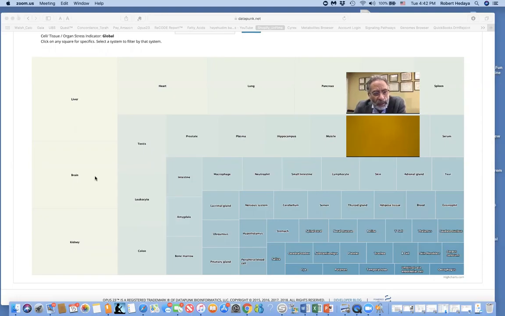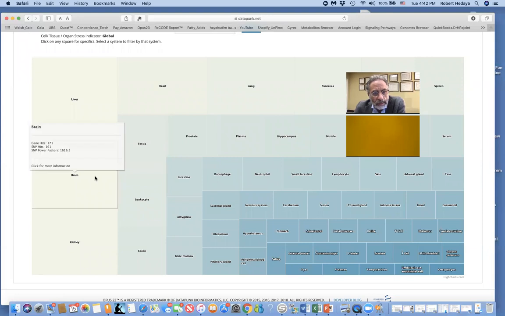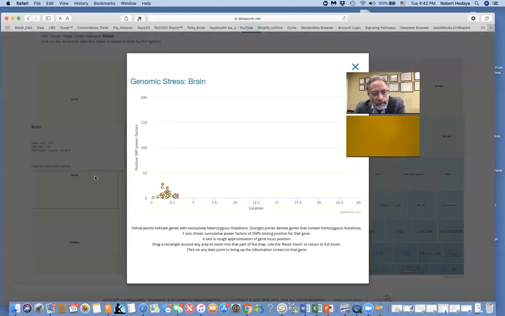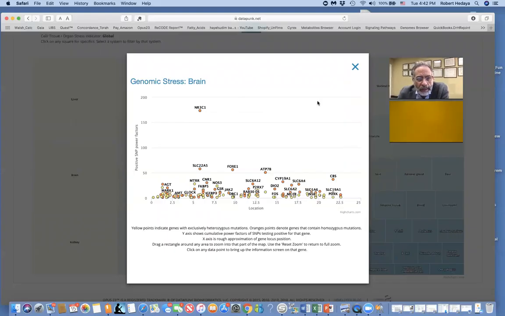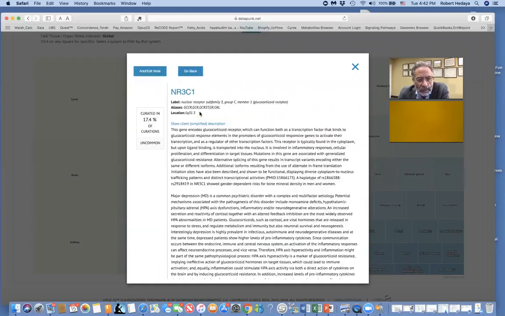And what we can see here is, if we look at the genetics, you see up here a gene, it's called NR3C1, nuclear receptor subfamily 3, group C, member 1.